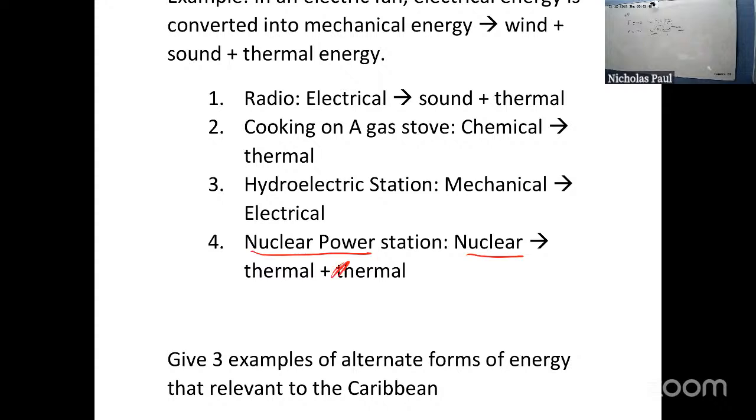Why do you need it? To give you electrical energy, right? So I made a little mistake here. A nuclear power station takes nuclear energy and gives you thermal and electrical. Okay, so all those are examples of the conversion of energy. Everybody okay with that?